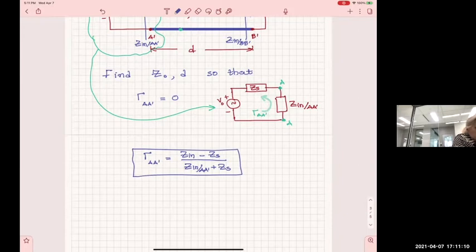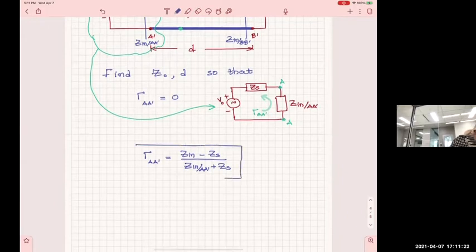You have seen this indirectly in circuits, when we talk about matching in circuits for power. You remember conjugate matching?